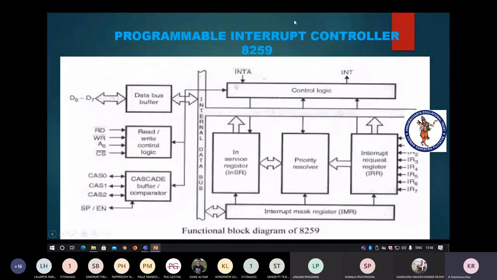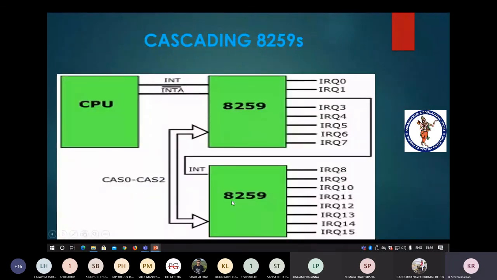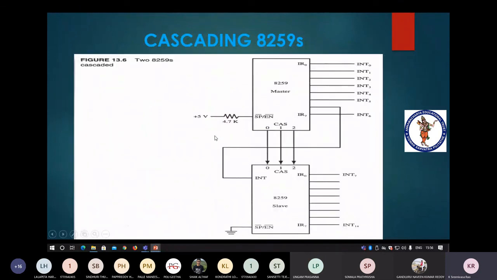So this is about the architecture. SP bar by EN bar: slave programming or enable. Slave programming means you are connected with cascaded 8259s or not. Here, this is the master and this is the slave.